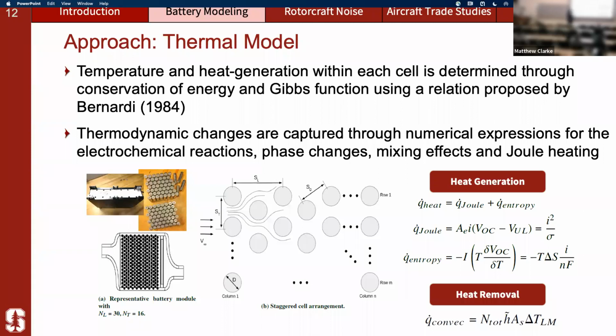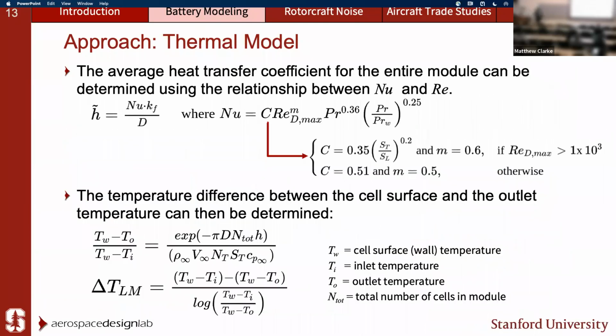Anyway, let's move on. So we have the heat generation model, and then we have the heat removal model, like I mentioned, from the flow. We have this term here, Q convect, equal to the total number of cells times the average heat transfer coefficient. So we seem to know everything in this equation besides this H, right? We need to figure out what this H value is. So let's pay a little bit more attention to that.